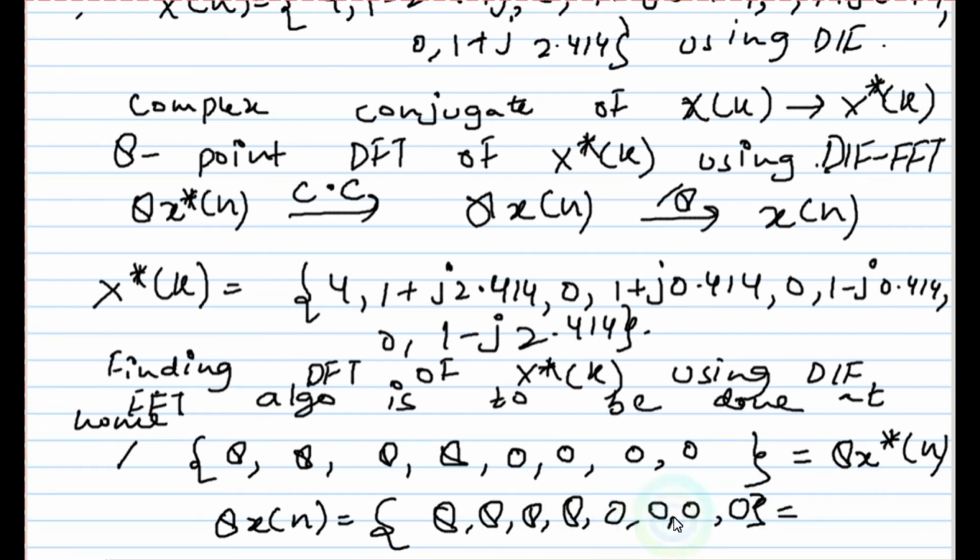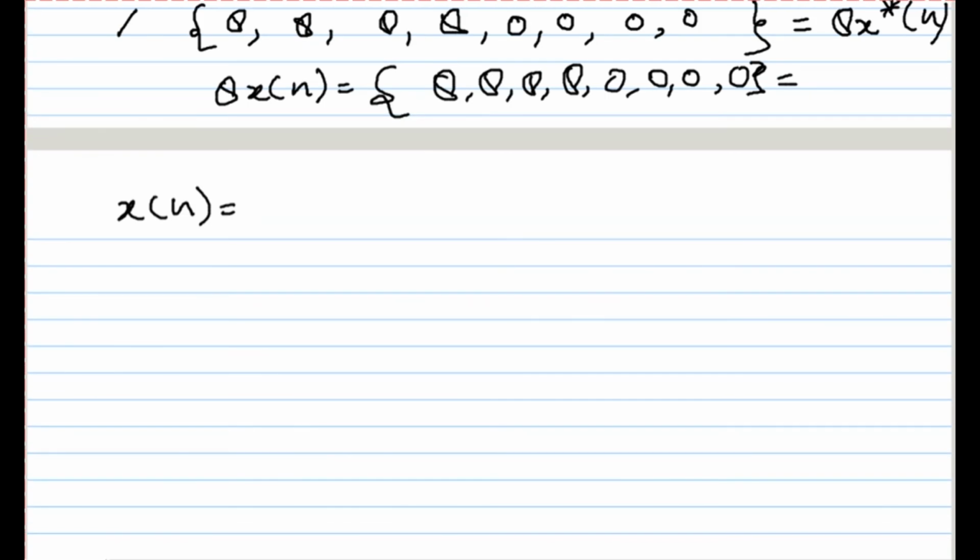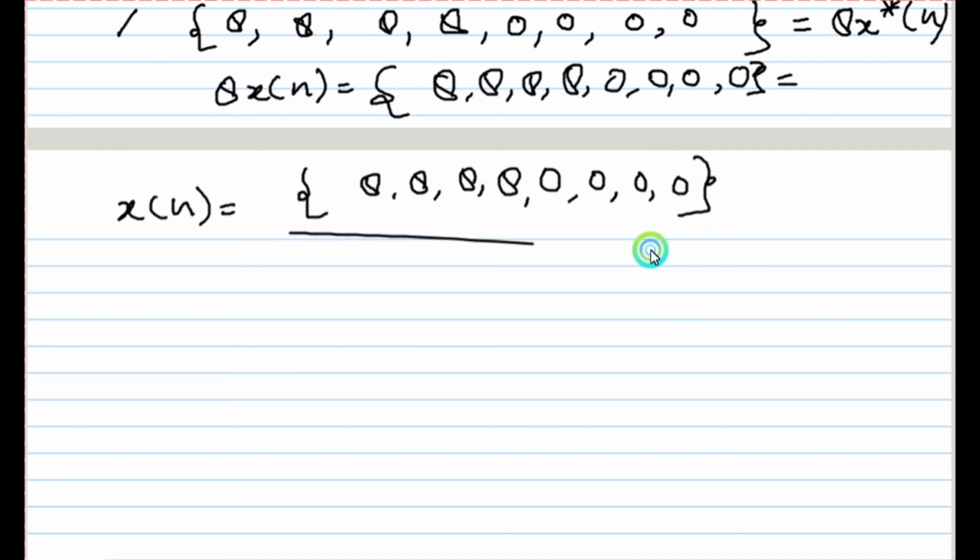This implies x of n will be this divided by 8 points, so 8 8 8 8 0 0 0 0 whole divided by 8.